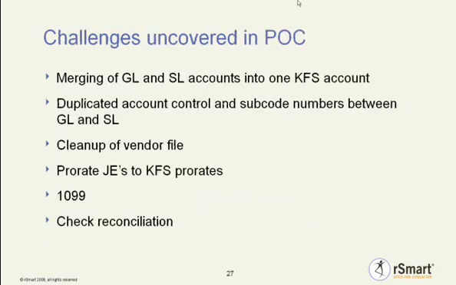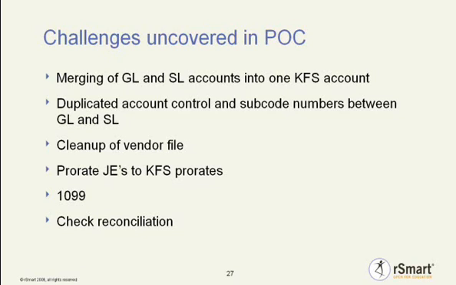Some of the challenges uncovered in the proof of concept: merging of GL and SL accounts into one KFS account, as I mentioned earlier, and duplicate account controls and subcode numbers between the GL and SL. Again, that really is specific to an FRS school; they will understand that.